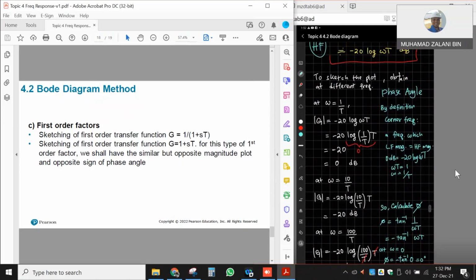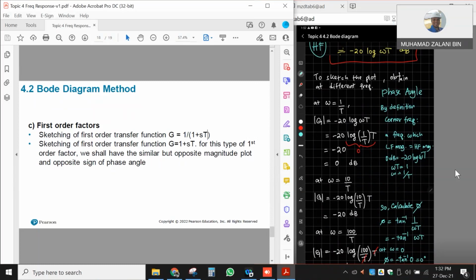It should be something like going straight, then it breaks. So we should expect a low frequency range area and a high frequency range area. But in between the low frequency range and the high frequency range, there is the corner frequency.